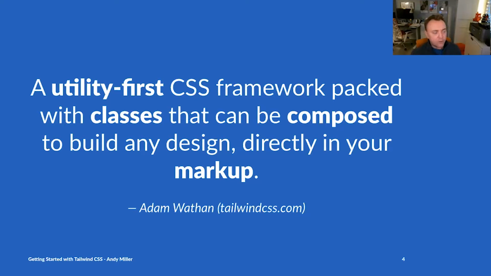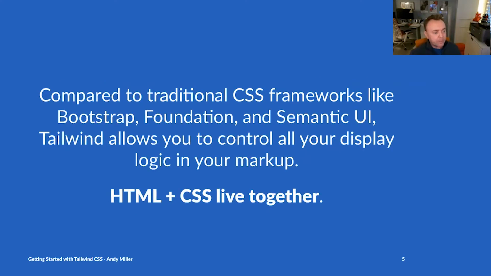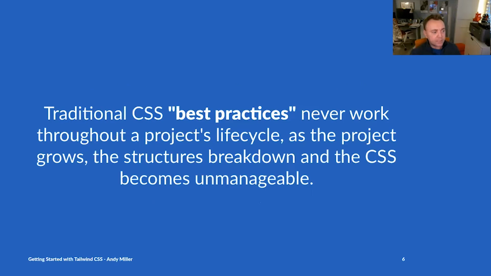So rather than traditionally doing it in a CSS file where you're providing all your style and then your HTML where you're doing the actual markup and you're trying to manage those two separate places, it's all managed in one place. So compared to most of the more traditional CSS frameworks like Bootstrap, Foundation, Semantic UI, you don't have to worry about keeping those things separate. The HTML and the CSS actually live together in this one place.